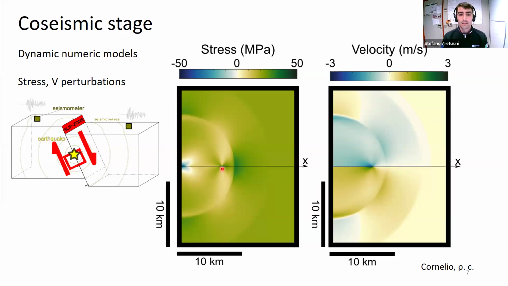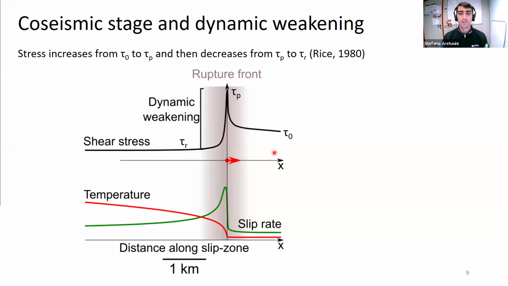Around the rupture front, within a few meters, there are very abrupt anomalies in shear stress, which correspond with anomalies in slip velocity, in slip rate, the relative slip velocity between the two moving blocks. The value of slip rates locally can achieve 1 to 10 meters per second. In this case it's just 3 meters per second, but an average of 1 is usually accepted for the seismic slip stage. And if we zoom further inside, we can see the rupture front evolves from the tau zero to the tau peak.